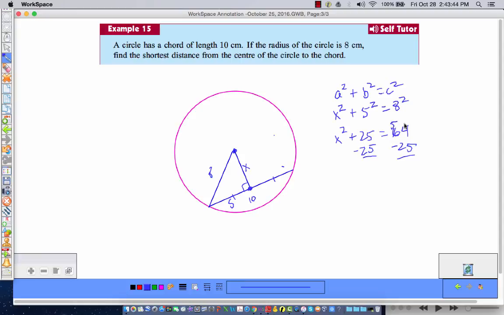Bam, bam, bam. So I get 39. Is that right? 64 minus 25? Yeah, I guess it is. So x squared equals 39. So I take the square root of both sides and I get x equals the square root of 39 as the shortest distance from the center of the circle to the chord.